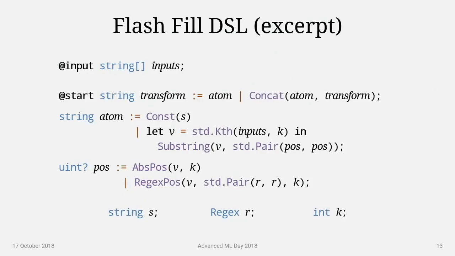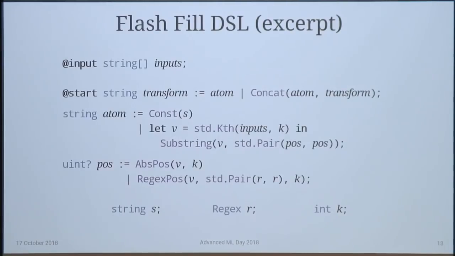And the DSL design is a little bit of an art. It must be expressive enough to cover the space of tasks, but still concise enough so that program synthesis finishes within a few seconds. So for instance, for Flash Fill, this is an excerpt. That's not the full DSL. But basically, it works in layers. You're saying a program is either a single piece or a concatenation of multiple pieces.